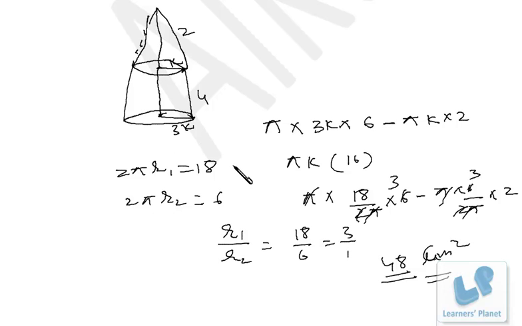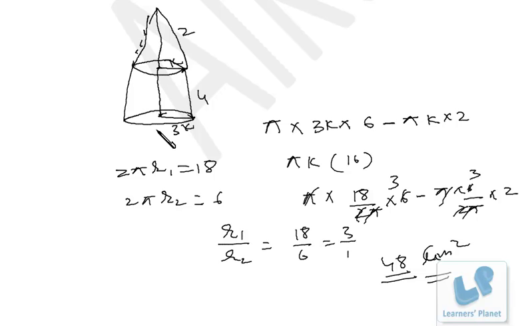Right? So without using any formula, we just put up the concept of similar triangles over here, and we have calculated the curved surface area and volume, both of them, for a frustum. If you are asked about the total surface area, then R1 and R2 are already there. Just add up pi R1 square plus pi R2 square. You will be getting the total surface area of this frustum. Right?